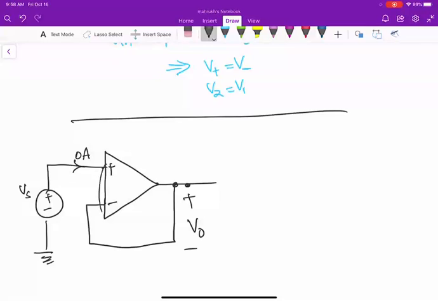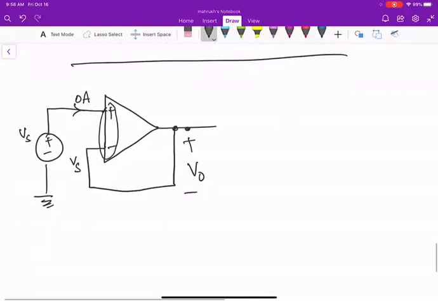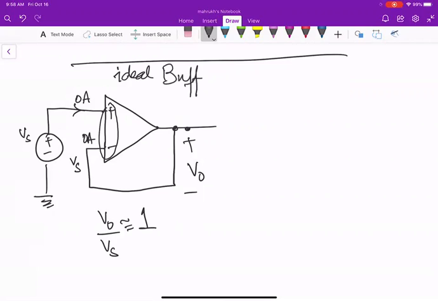Because the voltage drop across this is 0, this terminal is practically VS. As they both are connected through a wire, your V naught by VS is approximately equal to 1 in your ideal buffer situation. Buffer or unity gain amplifier.